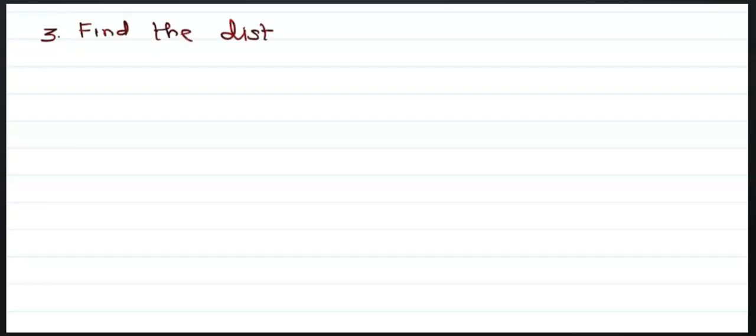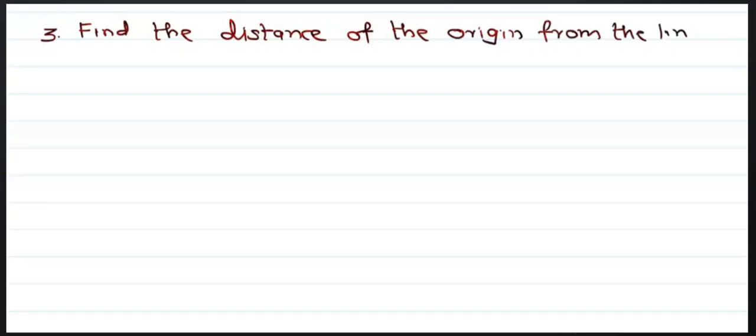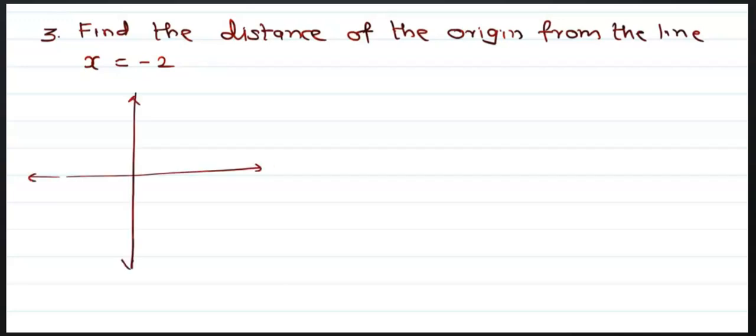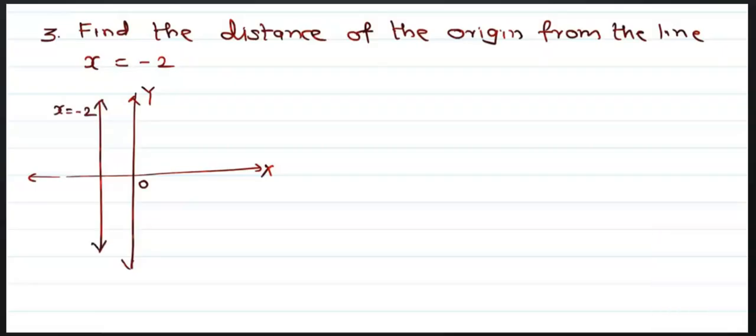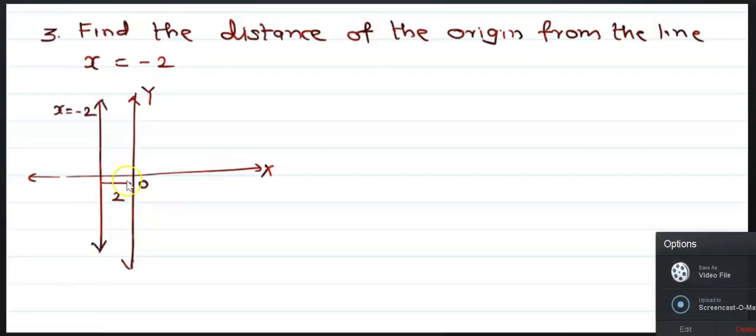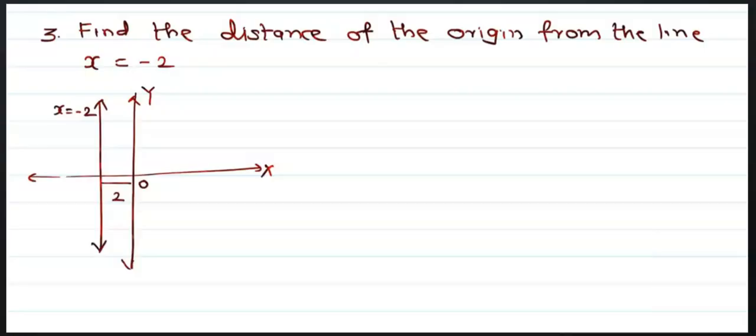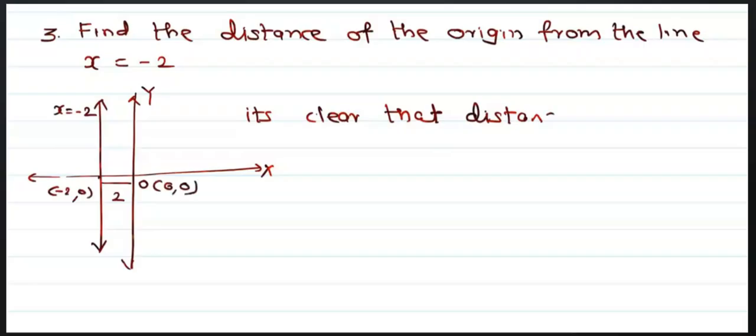Question number 3. Find the distance of the origin from the line x is equal to minus 2. Now, this is the distance and this distance is equal to 2. Simple. It is clear that the distance from the origin is 2.